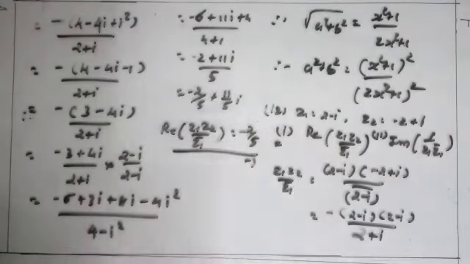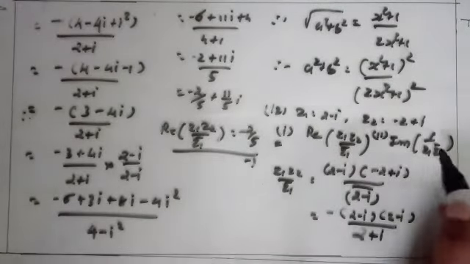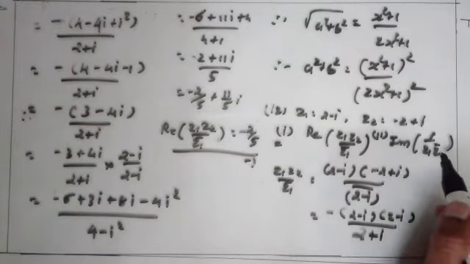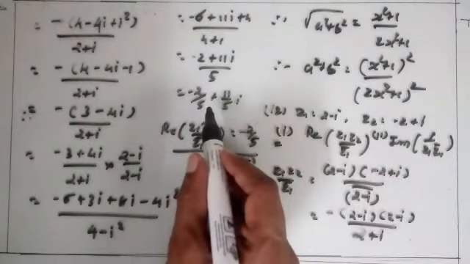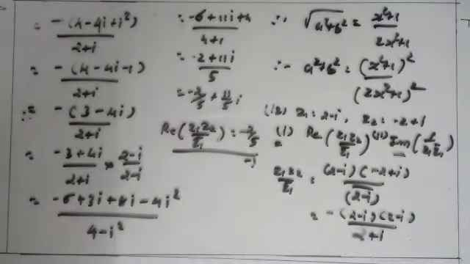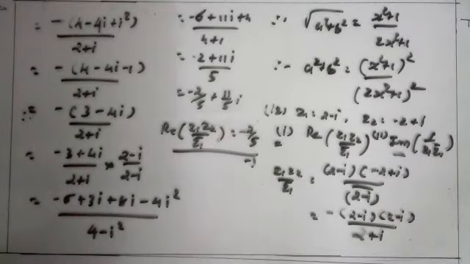Clear? Similarly, first we get 1 upon Z1 Z1 bar into standard form, then get the imaginary part of 1 upon Z1 Z1 bar. Clear? Solve yourself this second part of question number 12.